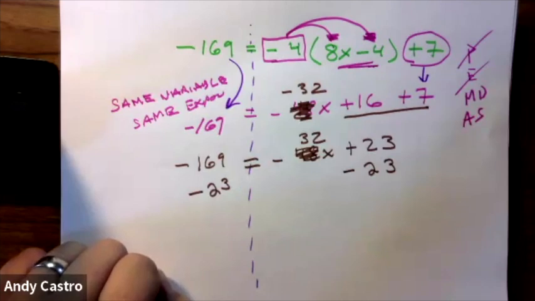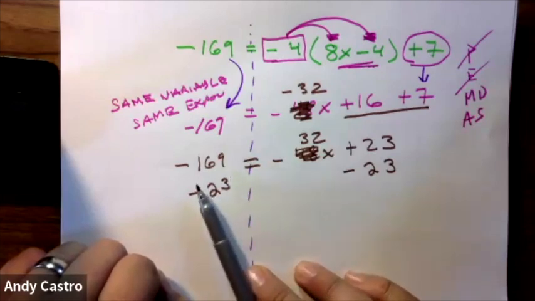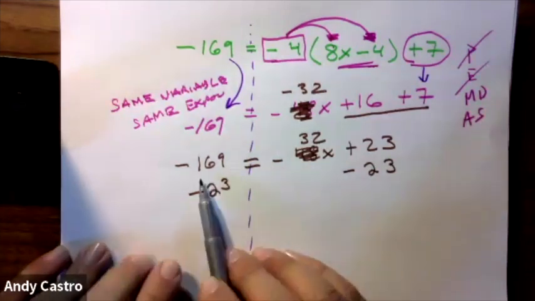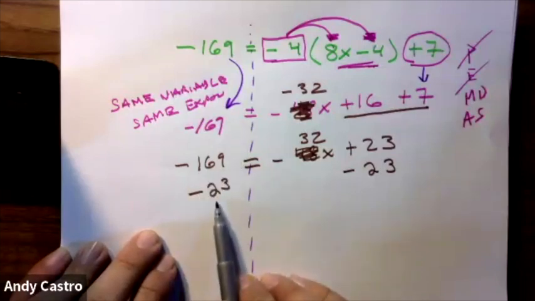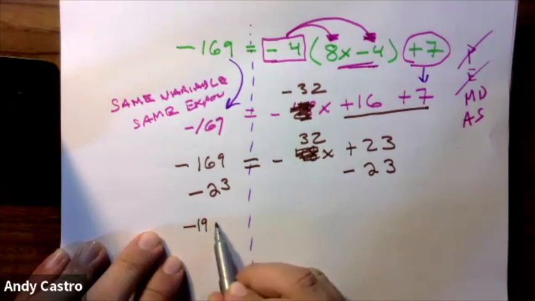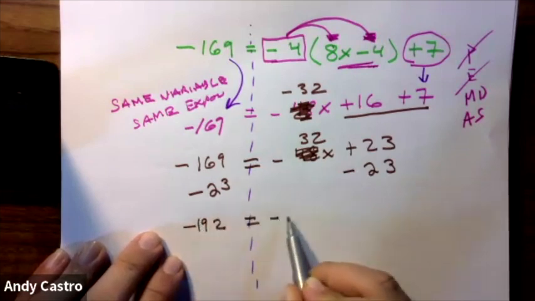I see a lot of students that I'll look over here and I'll see a 146 because they just subtracted off the 23. But in fact, that's negative 169, and I'm subtracting an additional 23. So that's going to be negative 192.